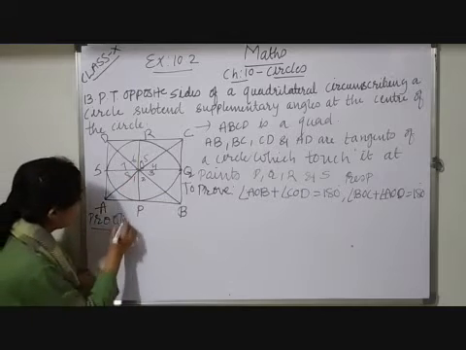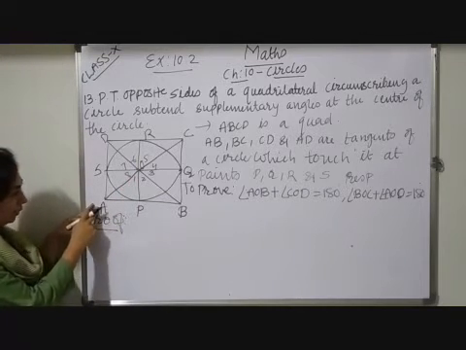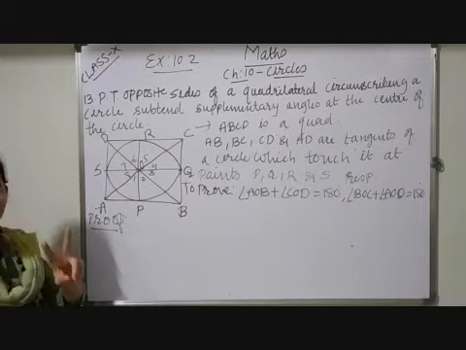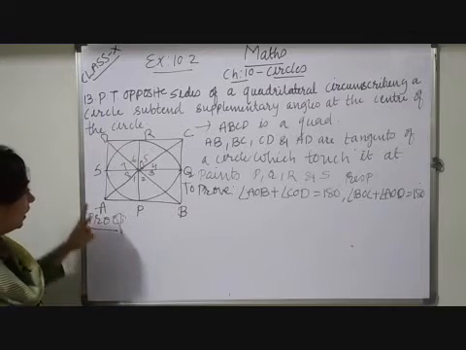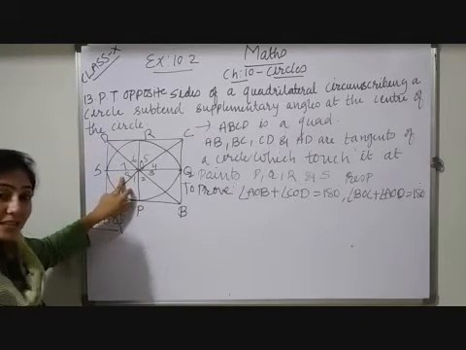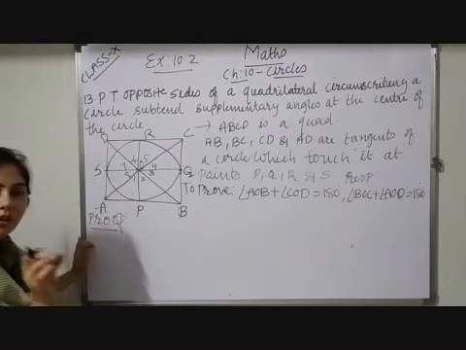Now, what should I do? A is my exterior point, observe here. You can write this in two ways. Equal tangents subtend equal angles at the center. This theorem you have studied; you have not proved it, but you have studied this statement.